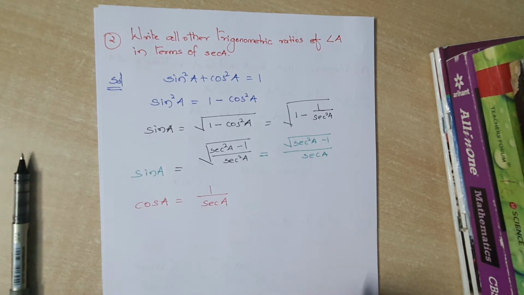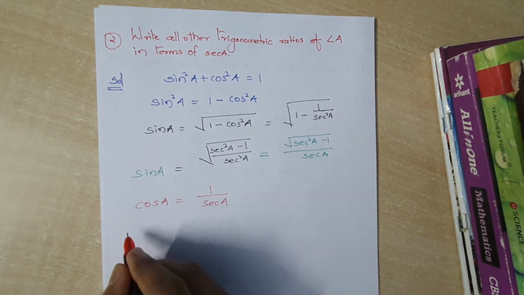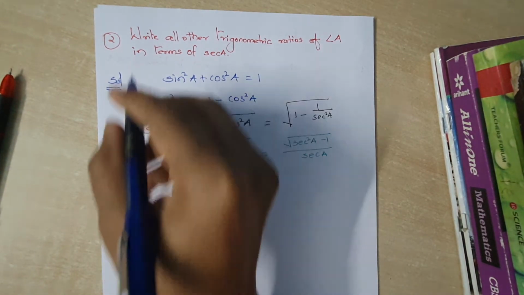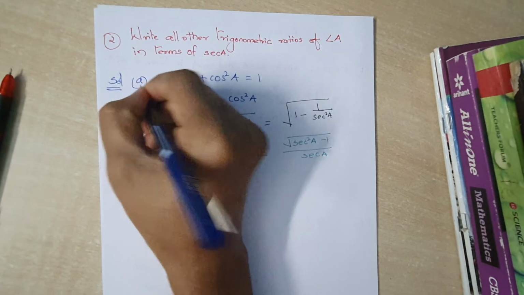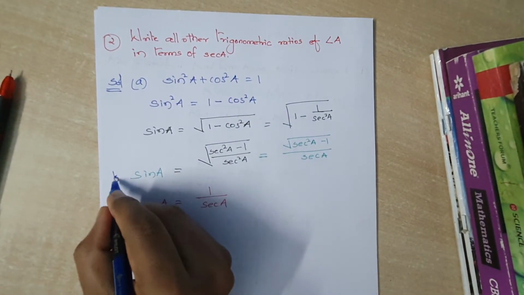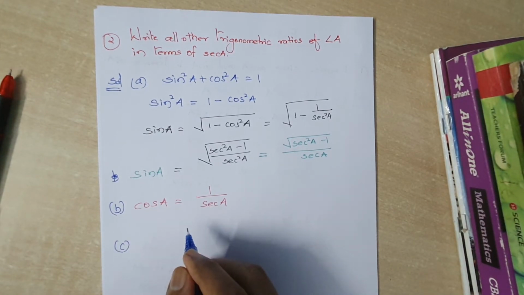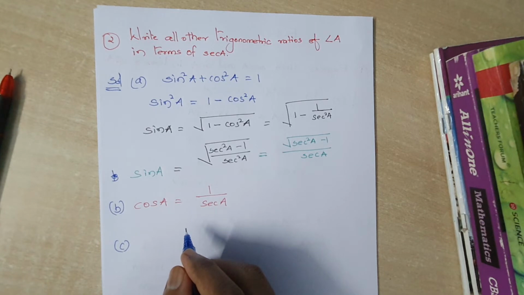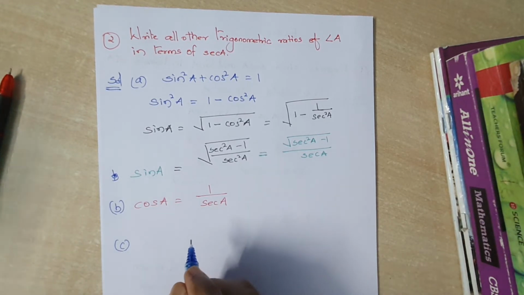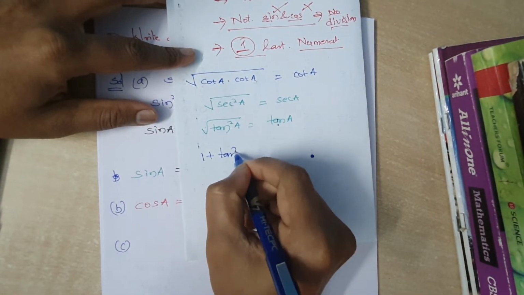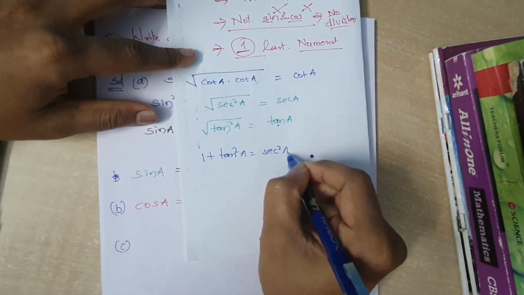Now tan. How to express tan with respect to sec? Okay, let us check if there is any relationship. 1 plus tan square A is equal to sec square A. This is the second identity.